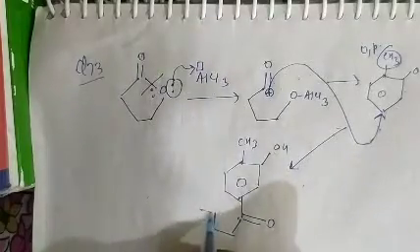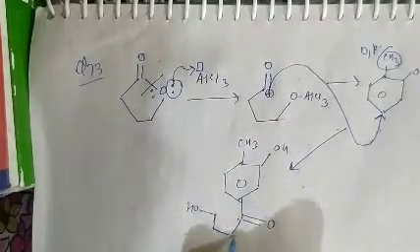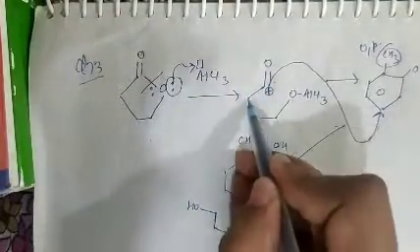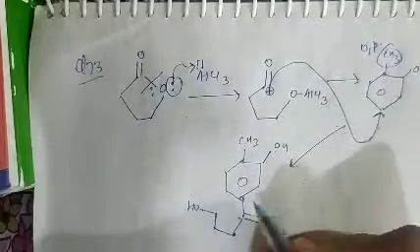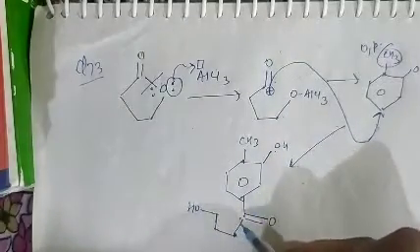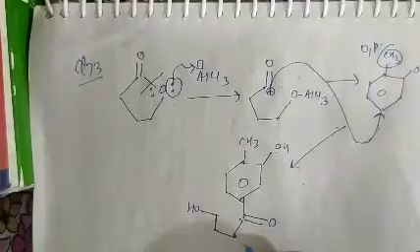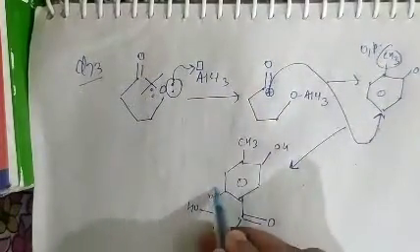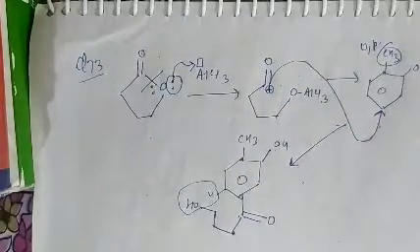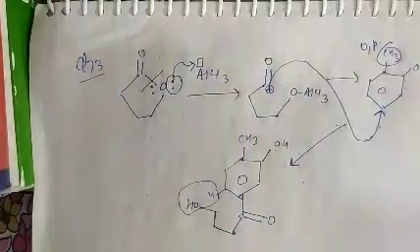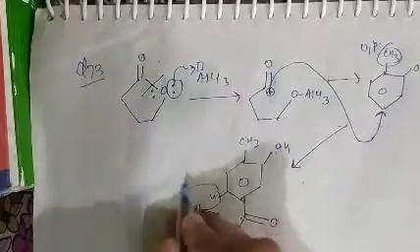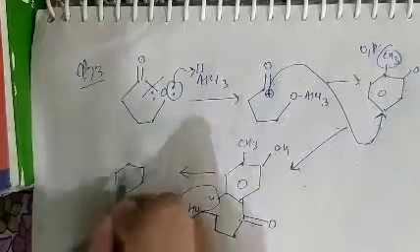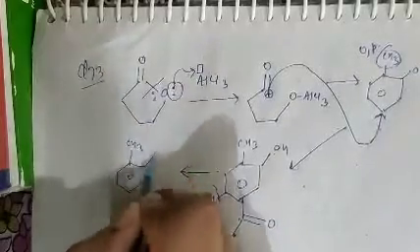So this compound will change into this one. There is the carbonyl group, then 1, 2, 3 carbon atoms, and then the OH group is attached. Now this OH group will be removed by the loss of a water molecule, and the final product obtained is this one, with CH3 and OH.